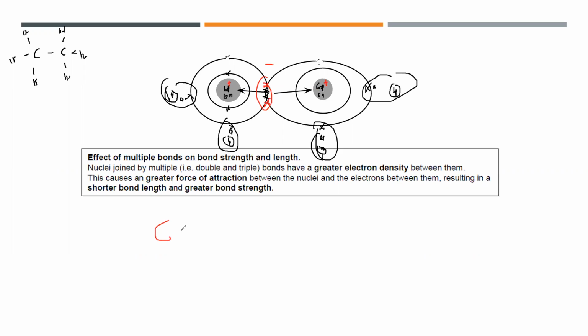So if we have a carbon-carbon single bond and a carbon-carbon double bond, which will be shorter? Which bond will be shorter, single or double, in terms of length? The double bond will be shorter.